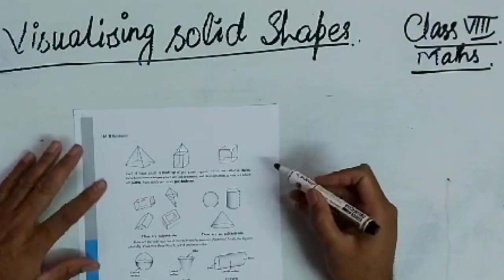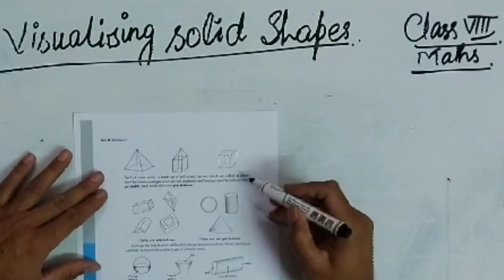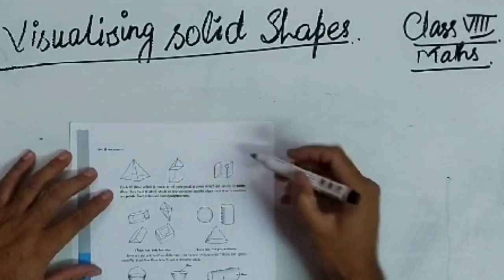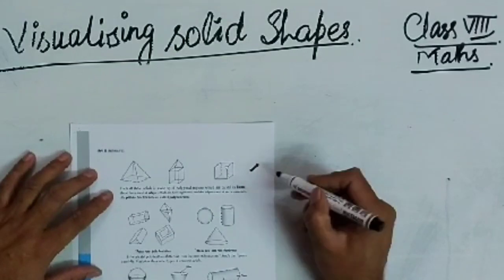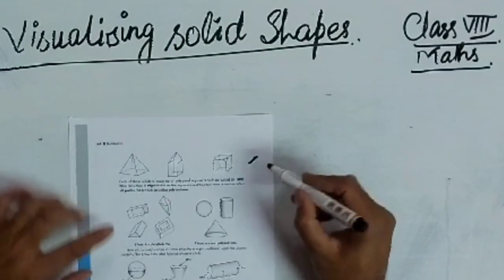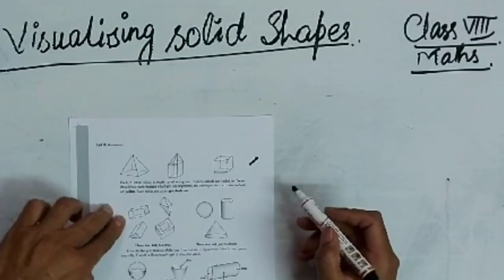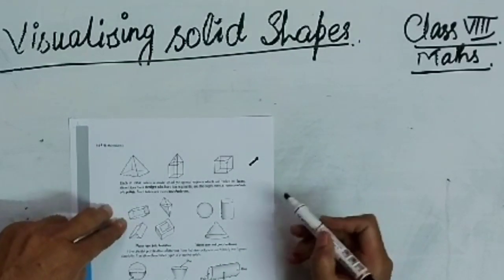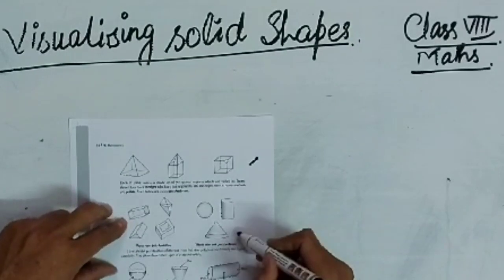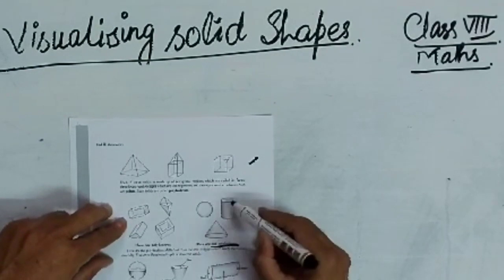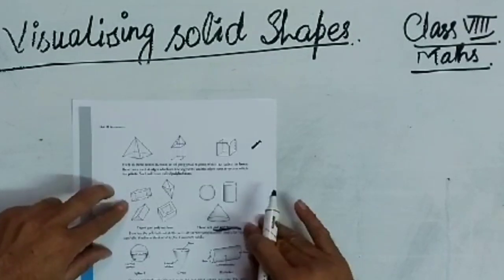Here I have a few examples, diagrams drawn from the NCERT book. All these figures drawn here are polyhedrons, because these figures are made up of faces and the faces are polygons. These are not polyhedrons because circles and curved surfaces are involved here.